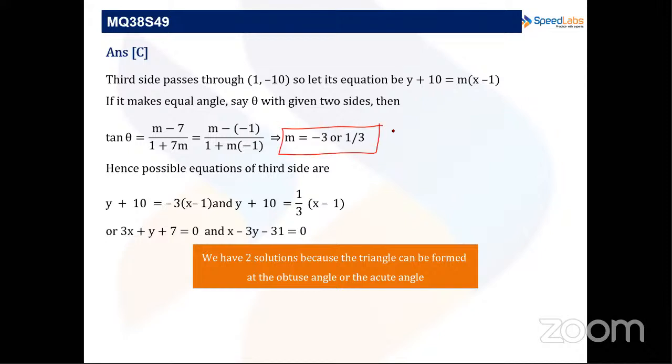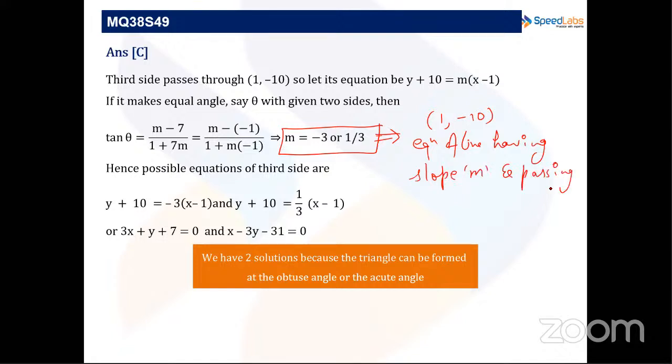So we have two values of M here and we already have the point (1, minus 10). So the equation of a line having slope M and passing through point (x1, y1) is y minus y1 equals m into x minus x1.